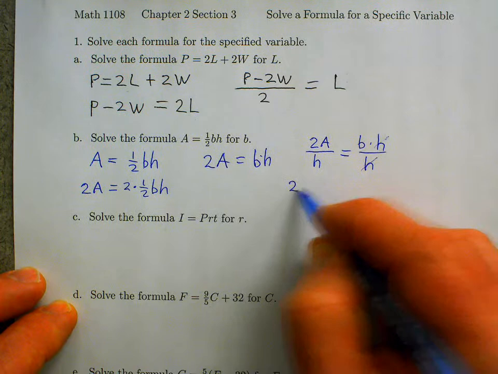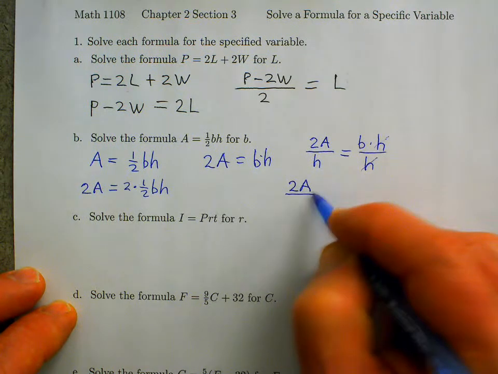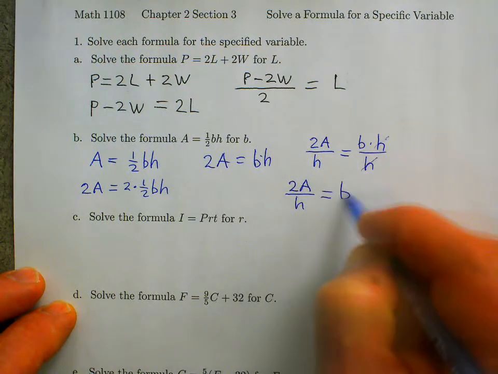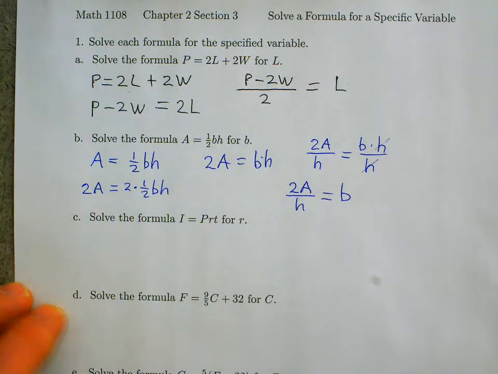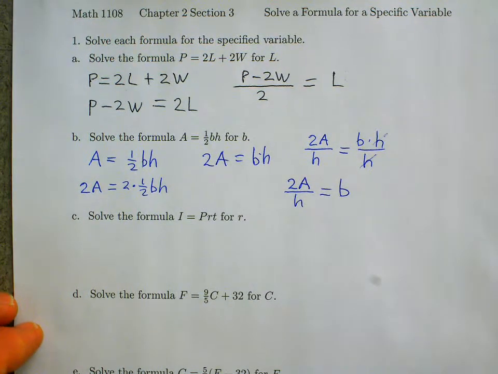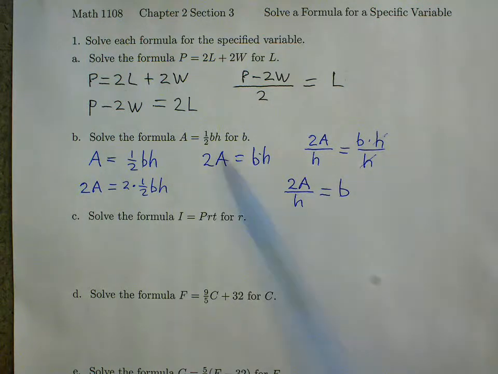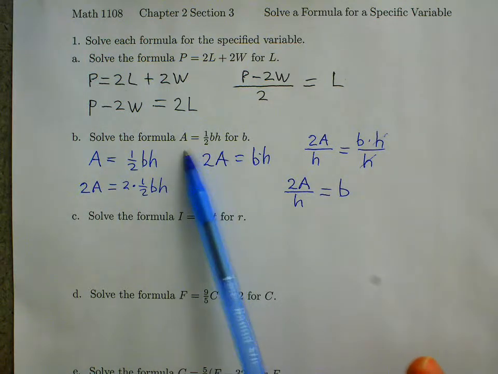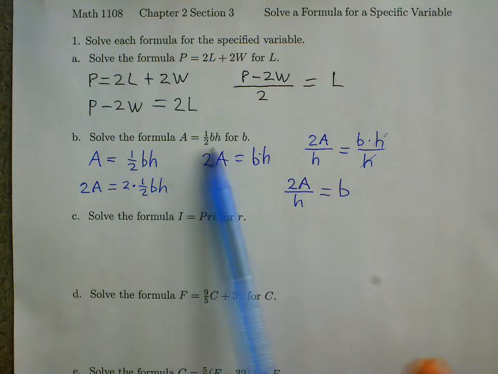And so we get 2 times A over H equals B. Okay, so the original formula here in part B is the area of a triangle formula. 1/2 base times height is the area.